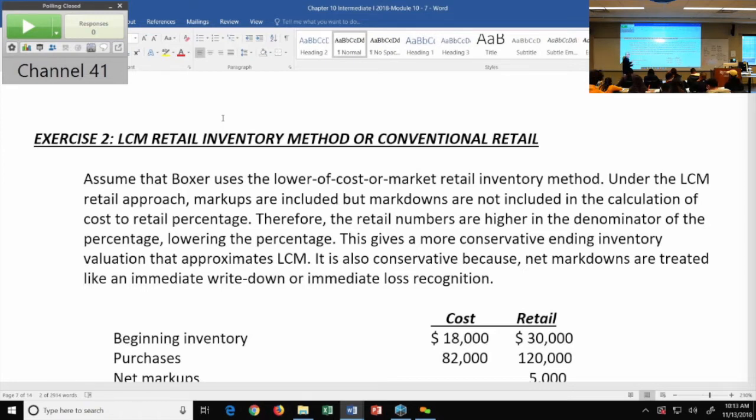By only including markups in the denominator of the ratio, it makes the ratio lower, and therefore getting closer to an LCM.